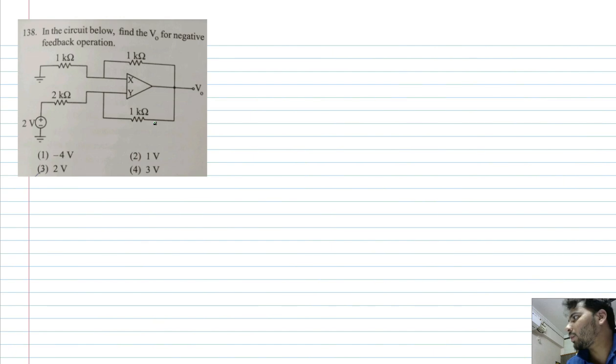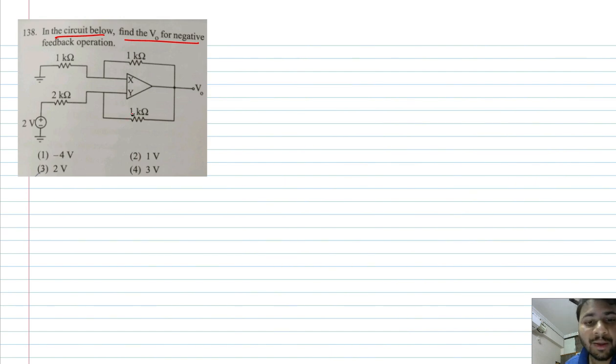I think this question we already saw. In the circuit below, this time they have asked you to find the value of V0. Earlier, in the previous question, they asked you to decide which of the 2 terminals X and Y should be plus and which one should be minus, such that the op amp is in negative feedback. But in this question, they are saying that X and Y have been chosen such that the op amp is in negative feedback.